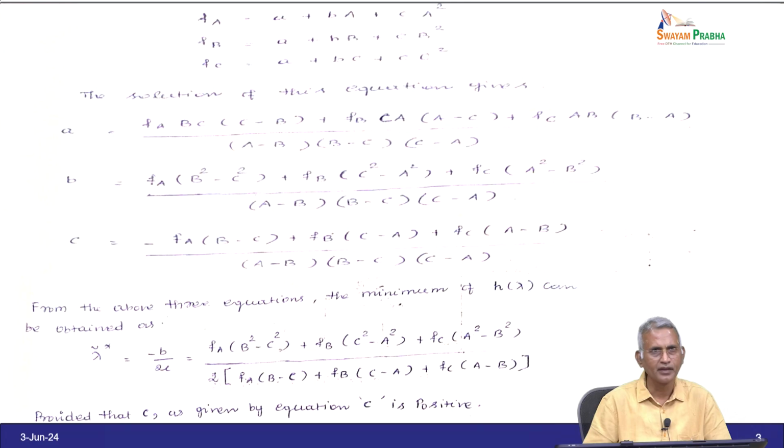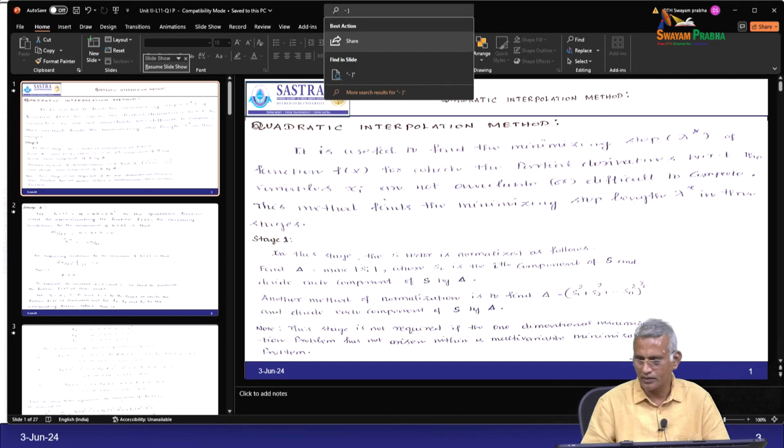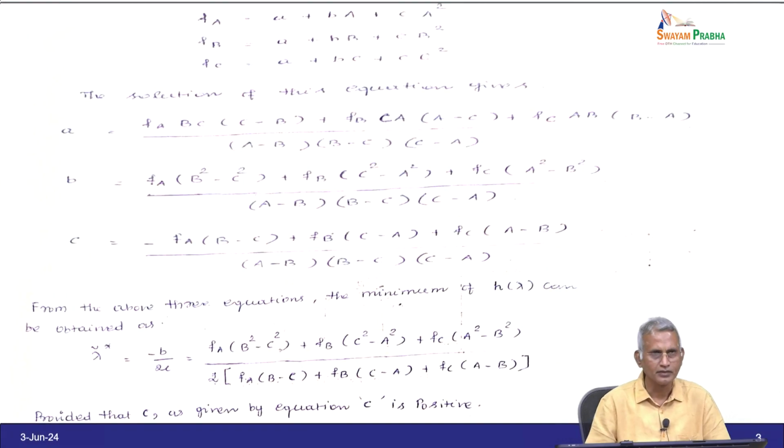That is, f suffix A equals a plus b A plus c A square, substituting lambda equal to A. Similarly, we have 3 equations for f of A, f of B, f of C.